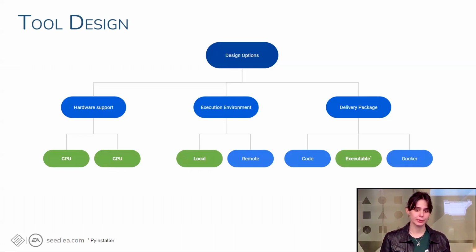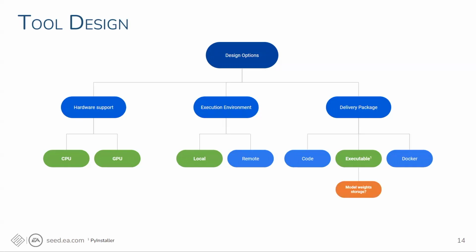We also decided to go with an executable as a form of delivery in order to simplify the way in which the users access the tool. That way, they don't have to deal with installing dependencies or Docker images. But this also raised the question of where do we store the model weights?